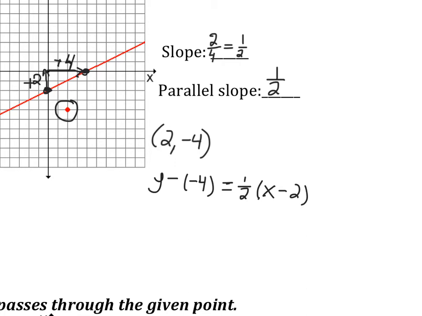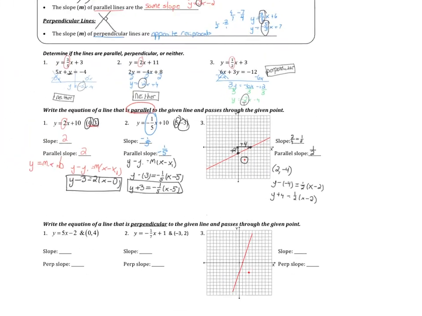Once again, you should be able to simplify, and say y plus 4 is equal to 1 over 2 parentheses x minus 2. Alright, so there's parallel lines.